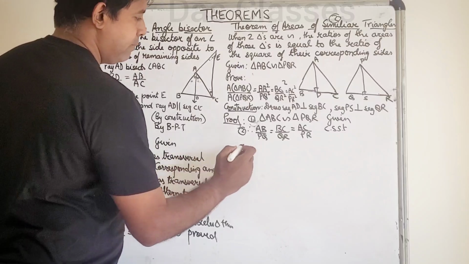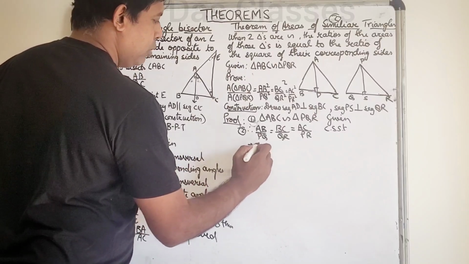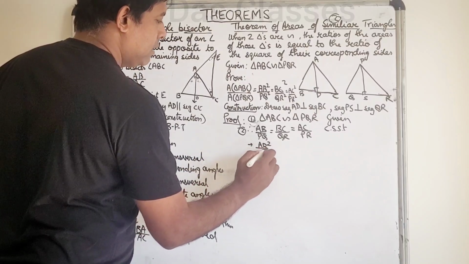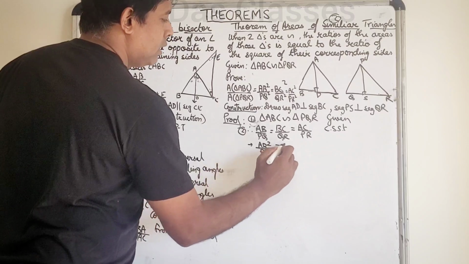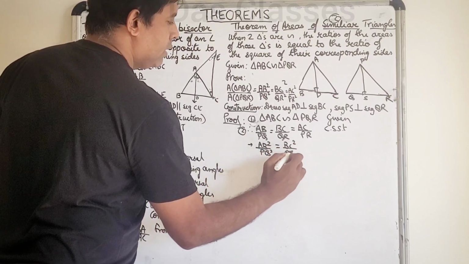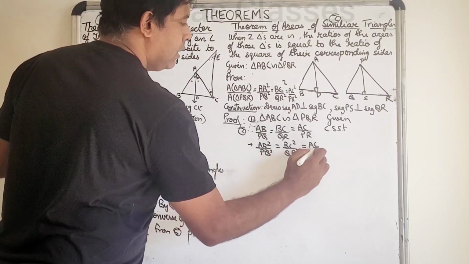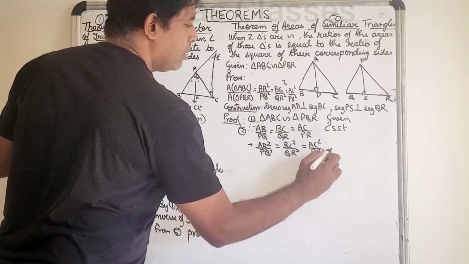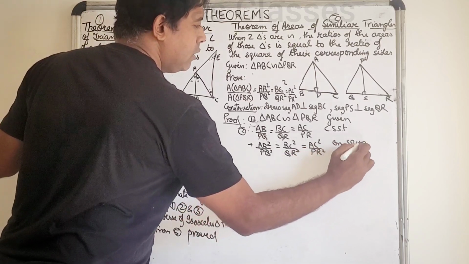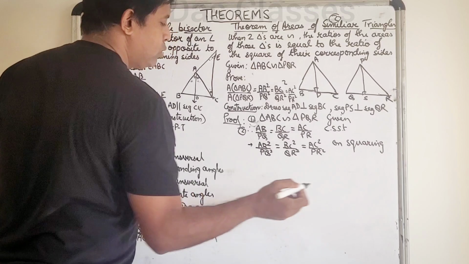So if I square them, what I'm going to get is AB square upon PQ square is equal to BC square upon QR square is equal to AC square upon PR square. On squaring the whole thing, they will also be equal.